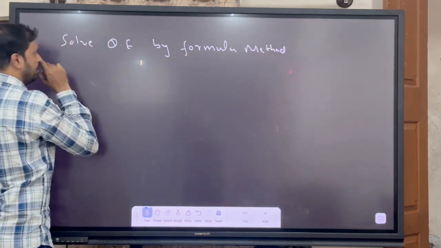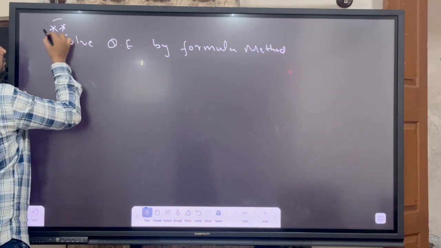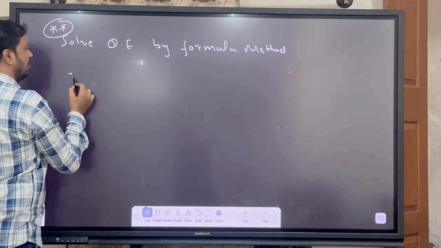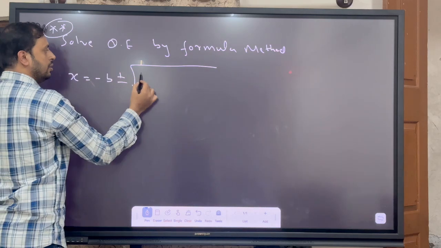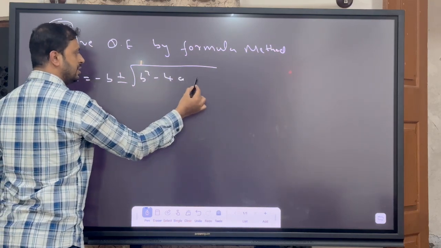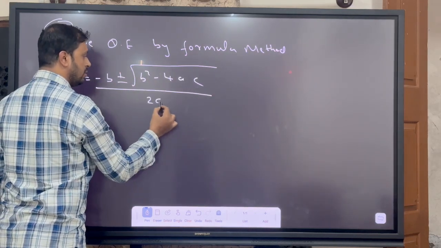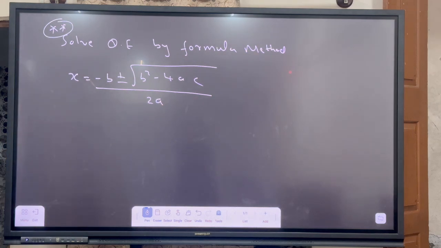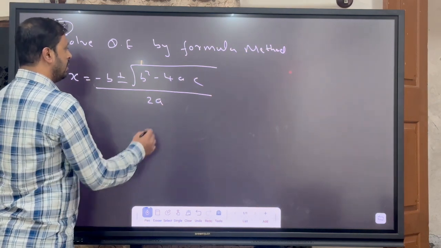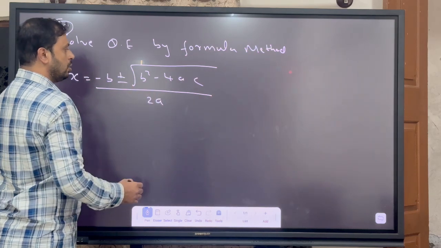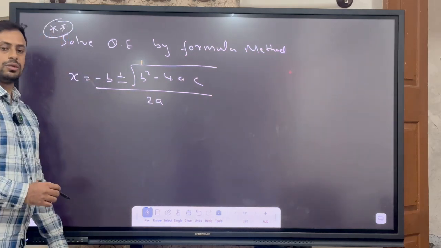By using the formula method, very important. The formula is x is equal to minus b plus or minus root of b square minus 4ac, divided by 2a. So this is the formula to find the roots of the quadratic equation, where a, b and c are the coefficients of x square, x and the constant.